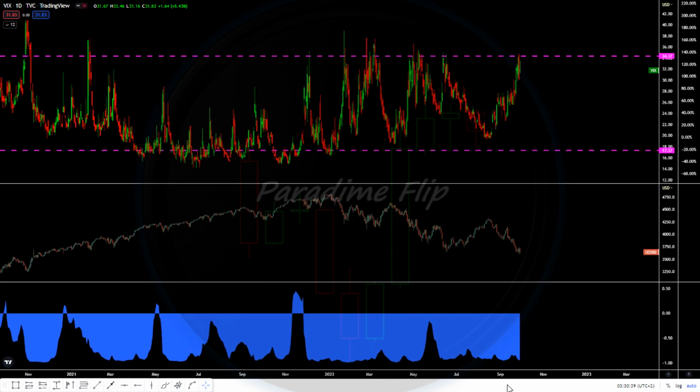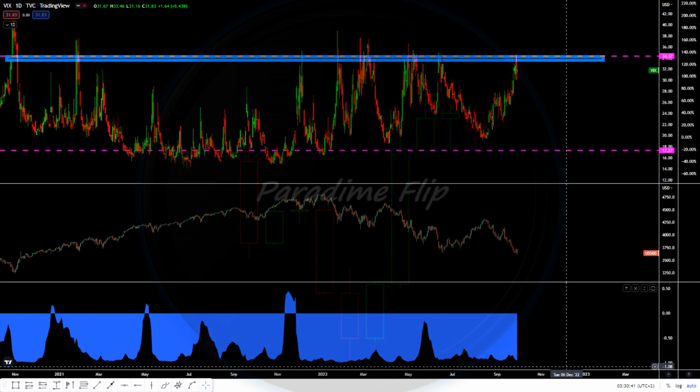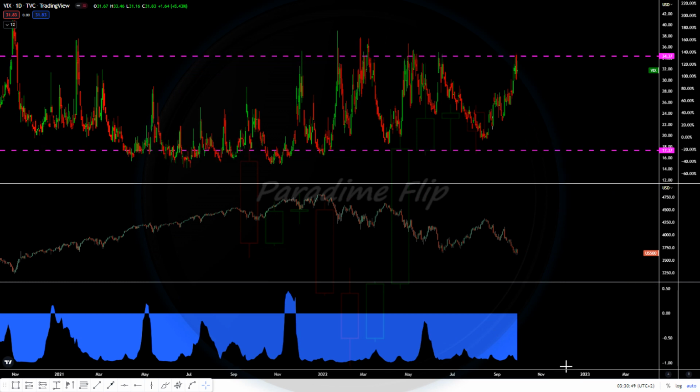And the way we can do that is that if we draw our range, which I have here in pink already, of the VIX, we know that at the current moment the VIX is within this band of these two pink horizontal lines.